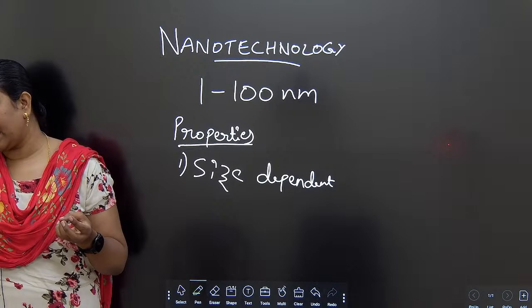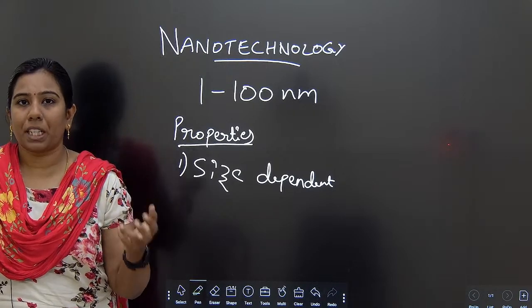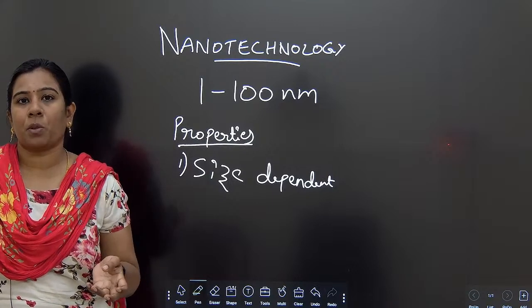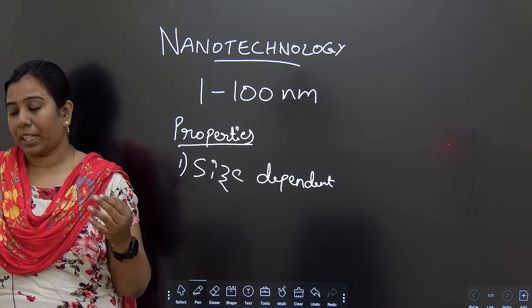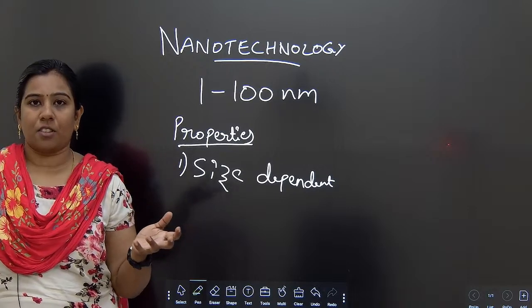Okay, and the nanoparticles become more chemically active, means what? They have chemical properties also. They become more chemically active at nanoscale because of large surface area.